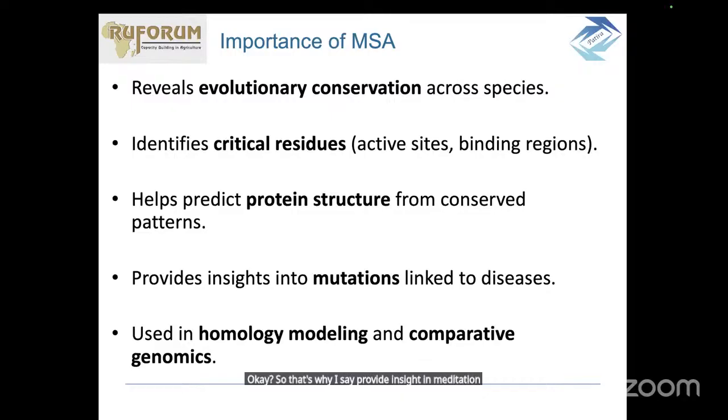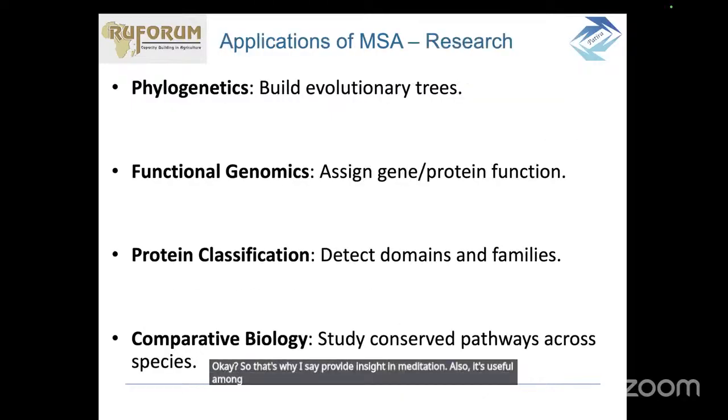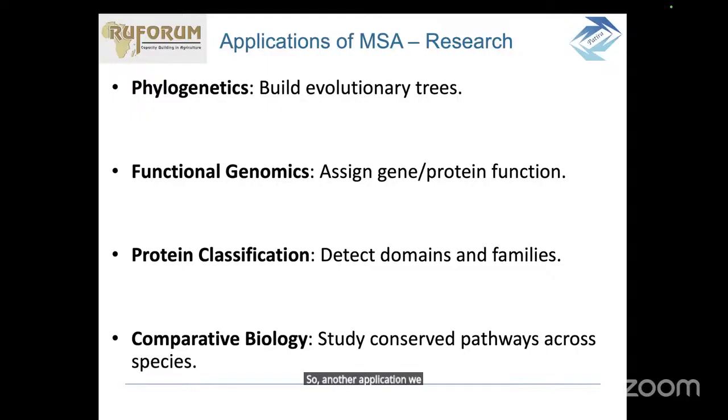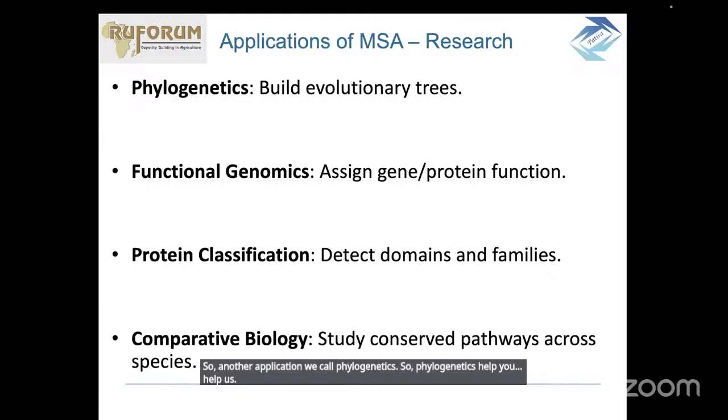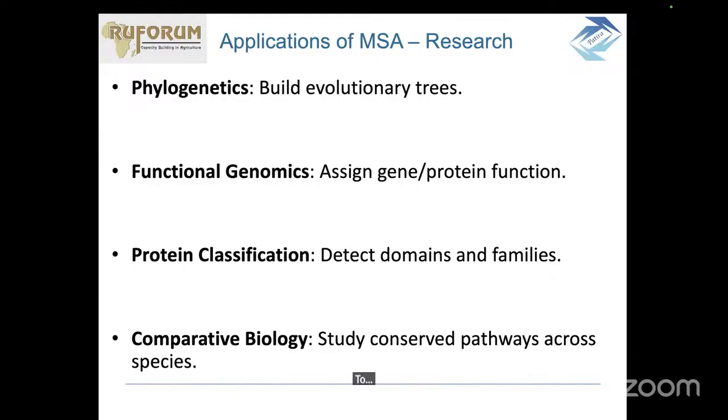Also, it's used for homology modeling. Okay. So another application is phylogenetics. So phylogenetics helps us to see how we evolve or how organisms evolve. So it gives you evolutionary trees to help you with evolutionary history. So another application is functional genomics.